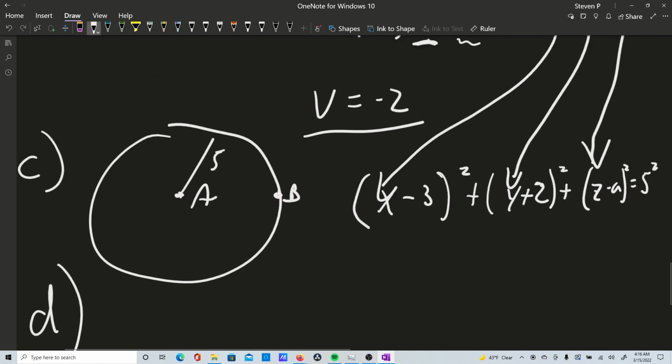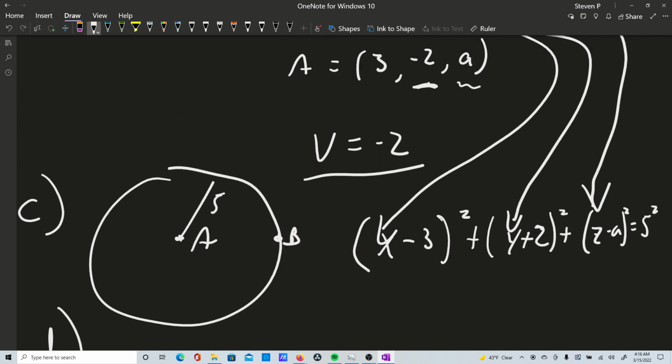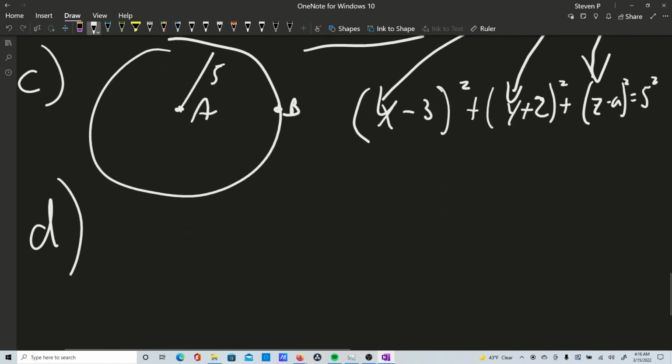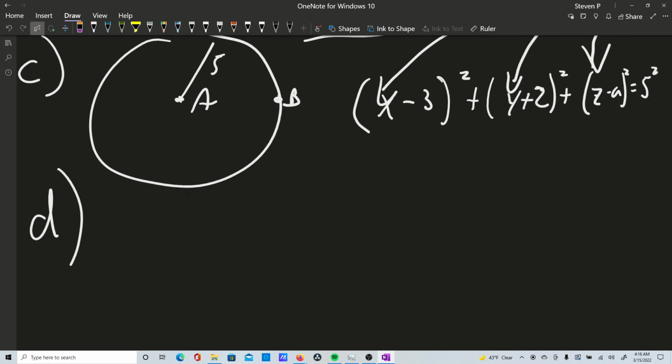Let's just plug the points of B into x, y, z. Yeah, that's all there is to say. And then for the last one, you're being asked to show that B is on the paraboloid defined by z = x^2 + y^2. It's a very similar idea.